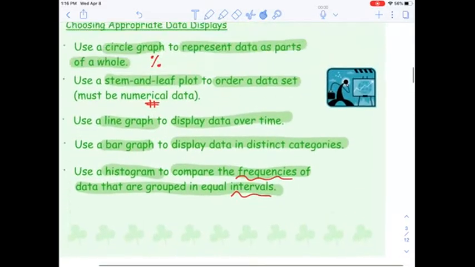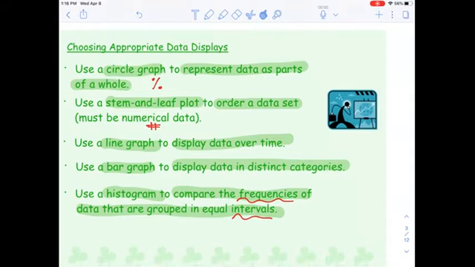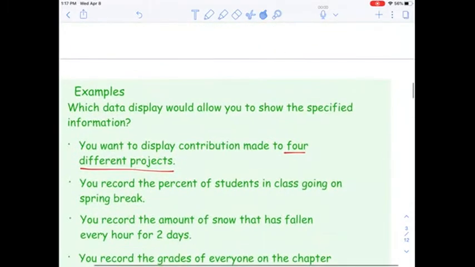Looking back at my list, circle graph: we're not comparing parts of a whole. Stem and leaf plot: there's nothing to order, so it wouldn't be that. Line graph is data over time, not what we're looking for. Bar graph is distinct categories. Well, it says 4 different projects. That's distinct categories, so this would be a bar graph.